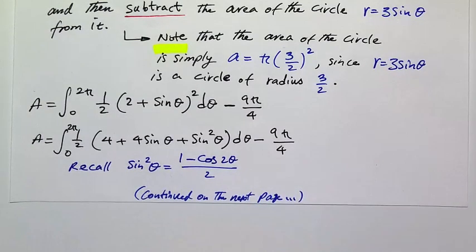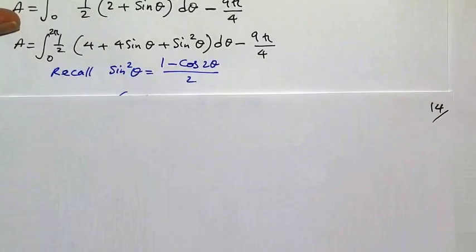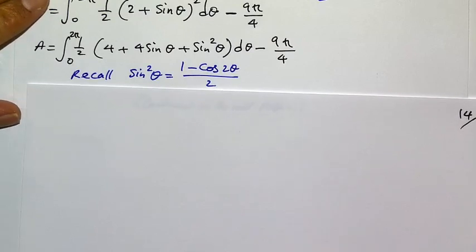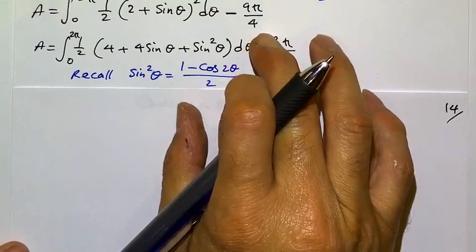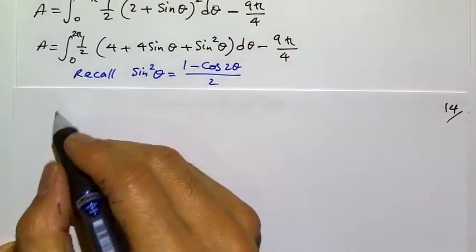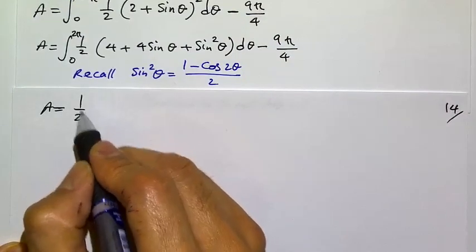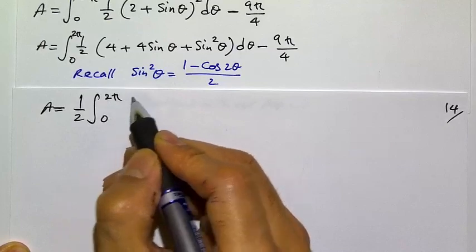So then we have the area equals 1/2 from 0 to 2 pi.